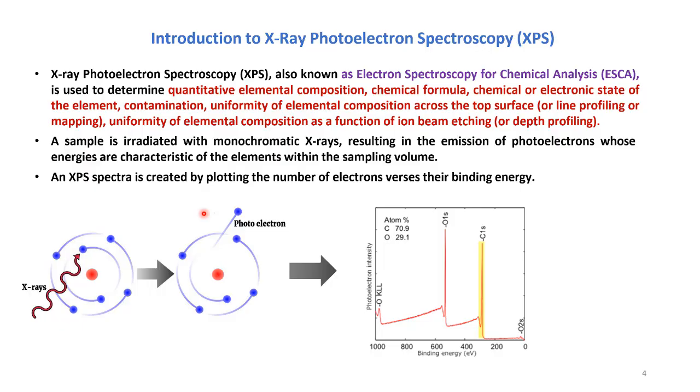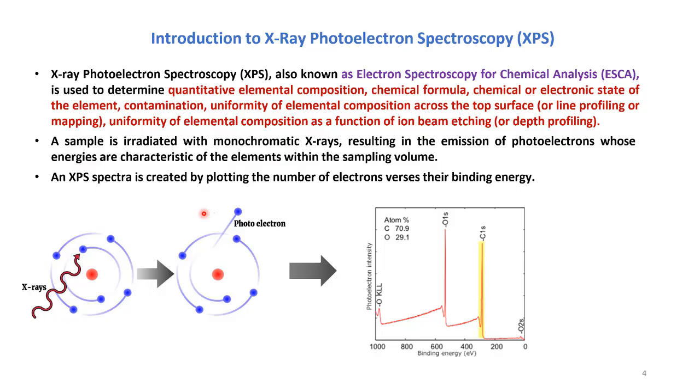Then the XPS. So XPS is the X-ray photoelectron spectroscopy, and it is also known as electron spectroscopy for chemical analysis, that is ESCA, and is used to determine quantitative elemental composition. So in the XRD, we are not able to get the elemental composition of the material.